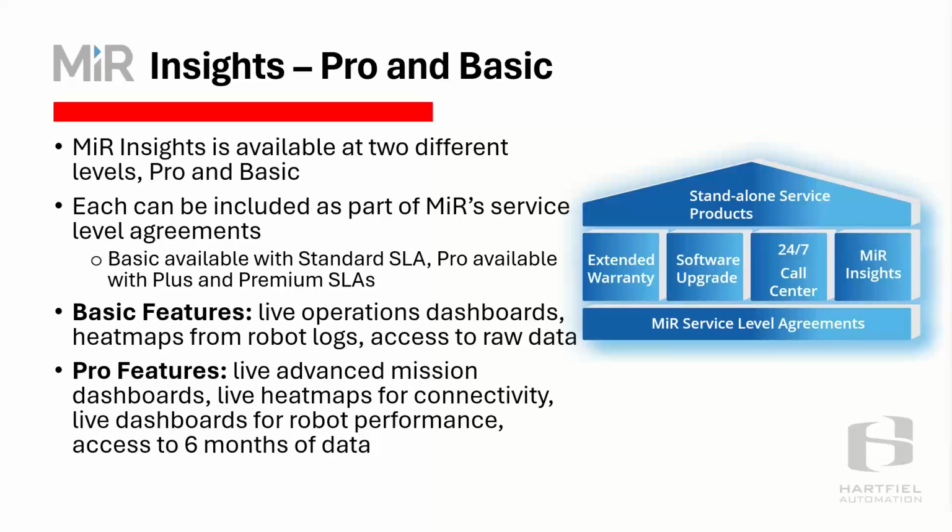The Pro MiR Insights has access to all the features available with Basic, with the addition of live advanced mission dashboards, live heat maps for connectivity, live dashboards for robot performance, and access to 6 months of data versus the 3 months for MiR Basic. In addition to those features, we have a dedicated development team constantly working on the MiR Insights product and making new features and additions available to our customers.